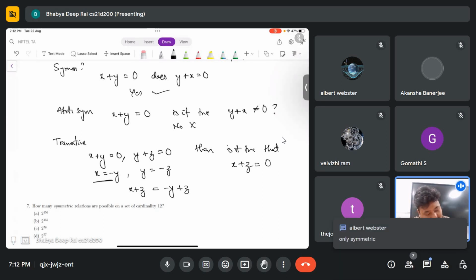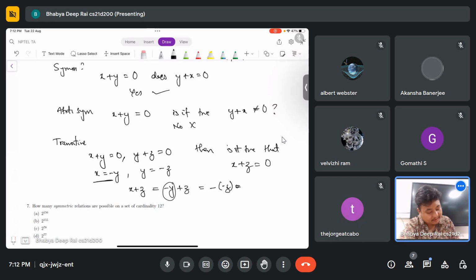Minus y is equal to minus of minus z, which is plus z.